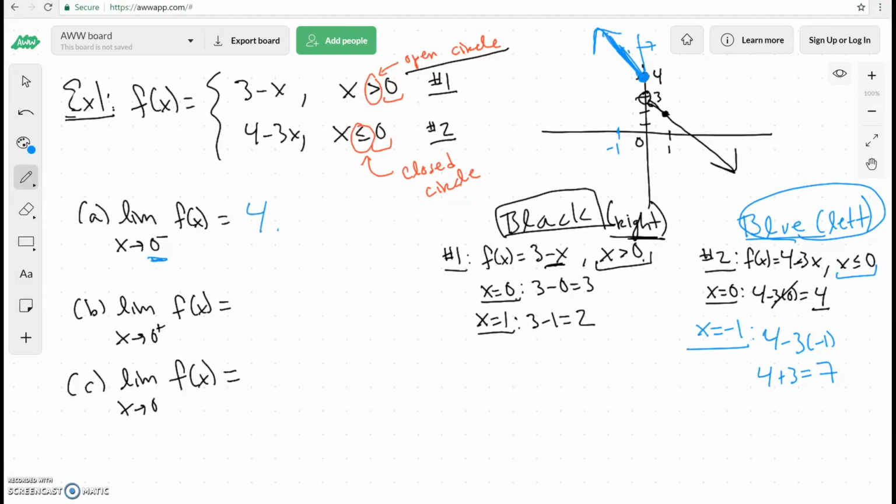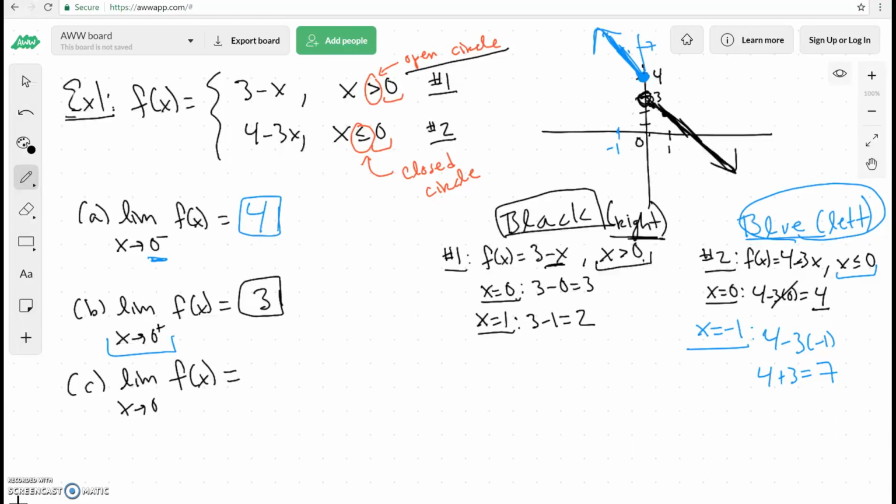So the limit in this case is going to be 4. Now as I come from the positive side, I'm going to be using the black graph. So I'm going to take the limit as x goes to 0 from the positive side, and I'm going to get y equals 3. So the y value that it is approaching in this case is going to be 3. Okay, so the limit is 3.